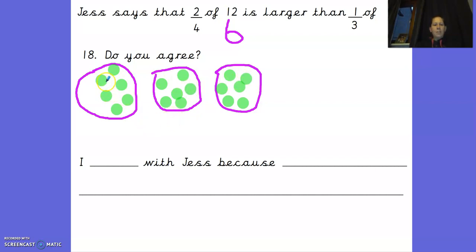Okay, so how many is in 1/3? 1, 2, 3, 4, 5, 6. So they both equal 6. So Jess says that 2/4 of 12 is larger than 1/3 of 18. Do you agree? No, we don't agree because they both equal 6. So neither one of them is any larger than the other.